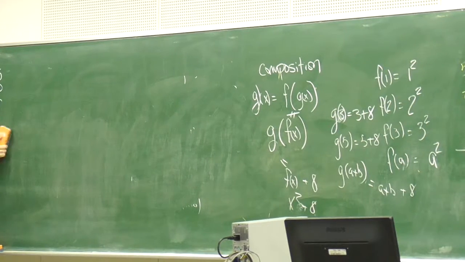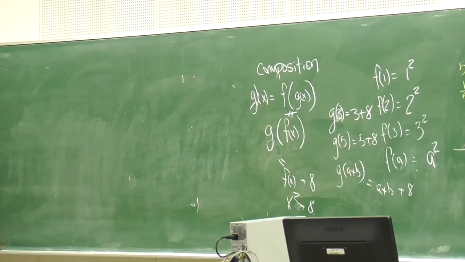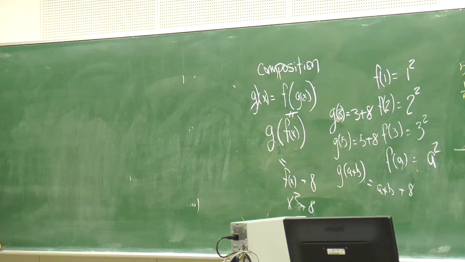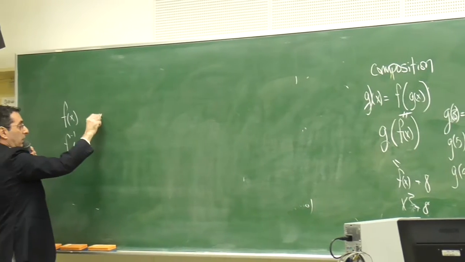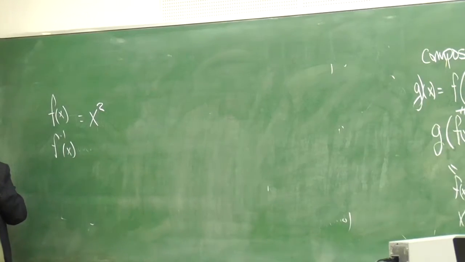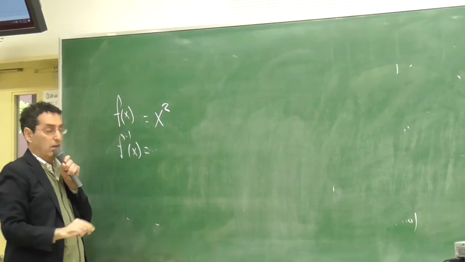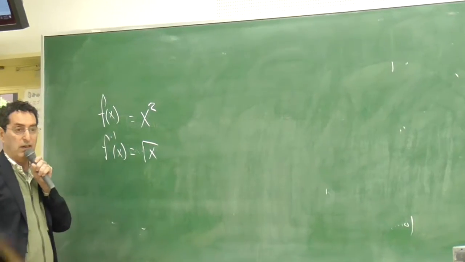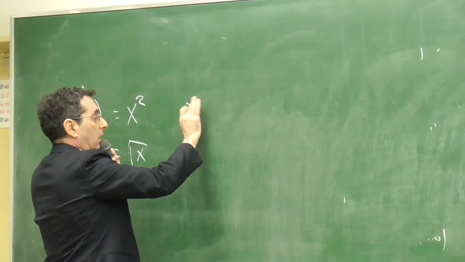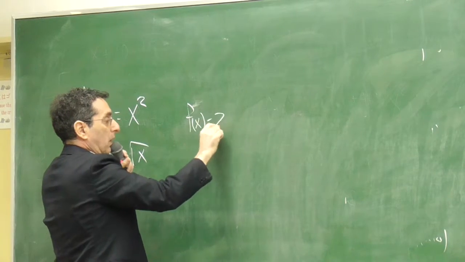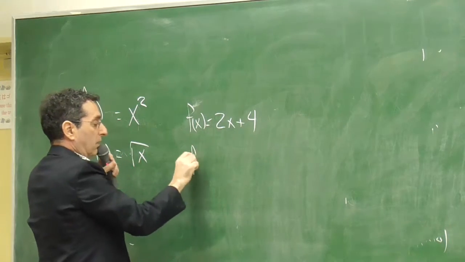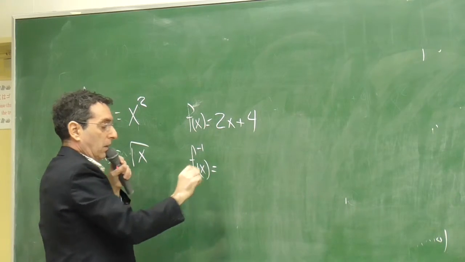Oh, one more thing. We sometimes use the notation, by the way, for if f is a function, we can denote its inverse like that. That means the inverse of f. So if f equals x squared, then the inverse of f is what? Square root of x. Right? If f equals 2x plus 4, then f inverse is equal to what?